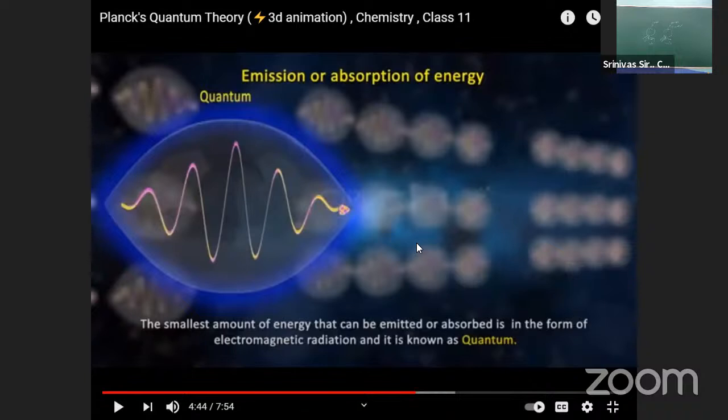How does that quantum look? It is a rough diagram. This is the most important consideration from Planck's quantum theory. Just note it down. Very beautiful video. All the important information is given without any unnecessary stuff.